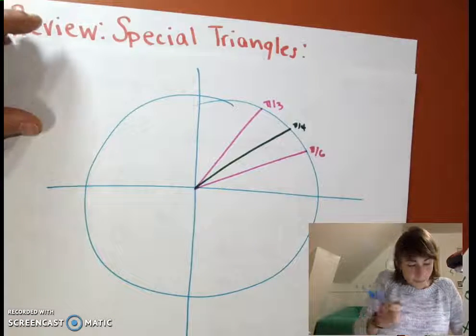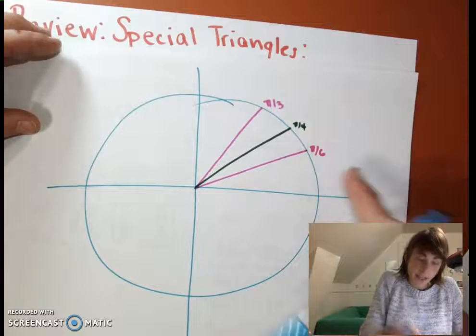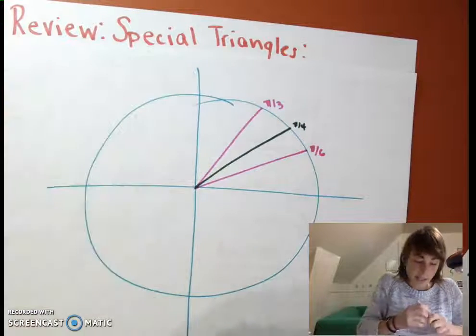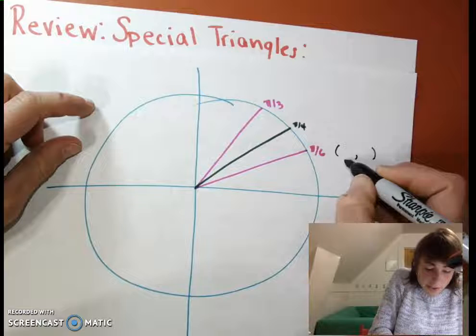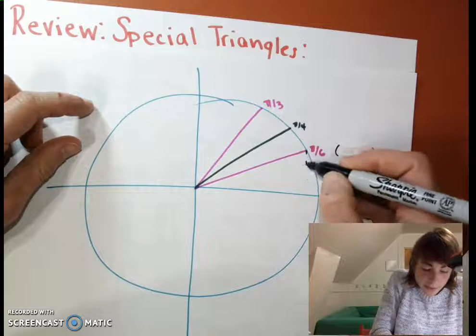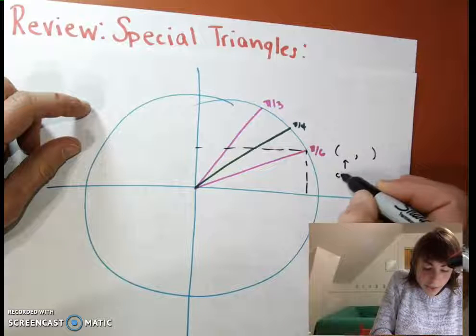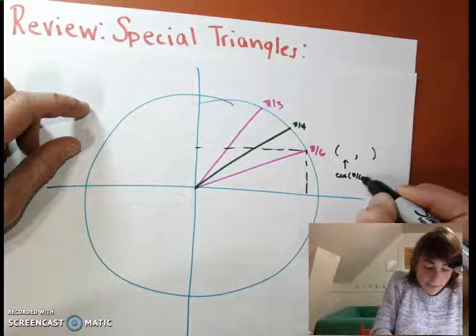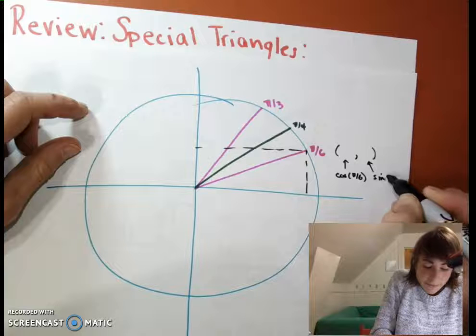If I want to know the cosine and sine of each of these angles, what I can do is think about cosine and sine as coordinates. The first coordinate will give me the cosine of pi over 6, and the second will give me the sine of pi over 6.